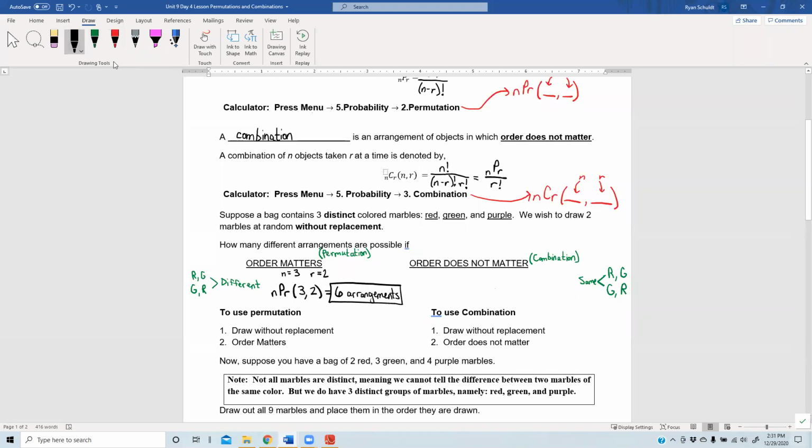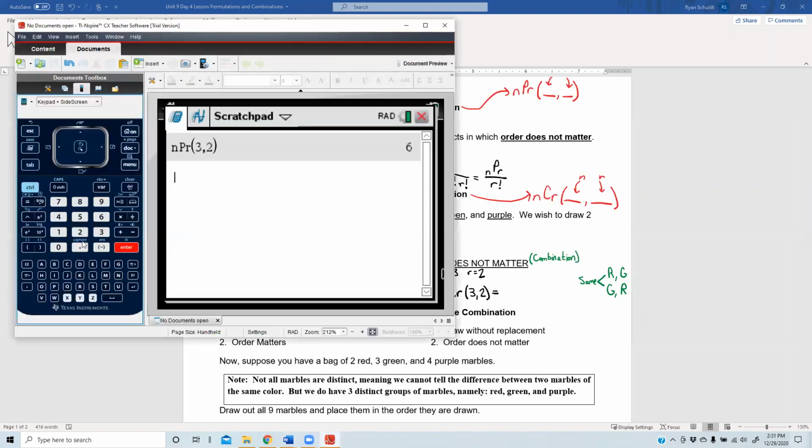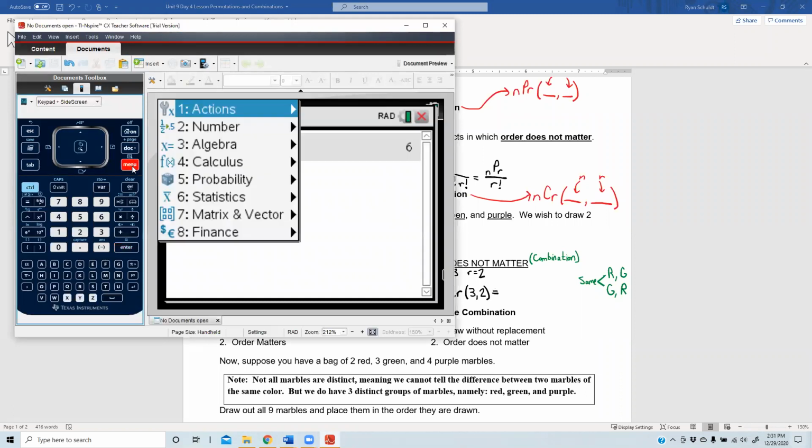So again, we've got 3 marbles to draw from. We're drawing 2 of them. So if we use our calculator to do combination, nCr 3, 2. Let's see what that'll get us. So we're going to go to menu, probability.